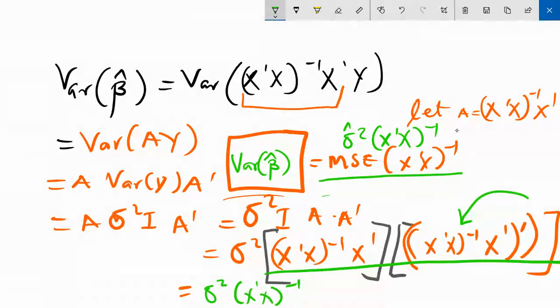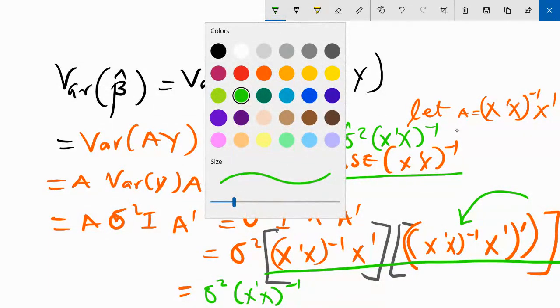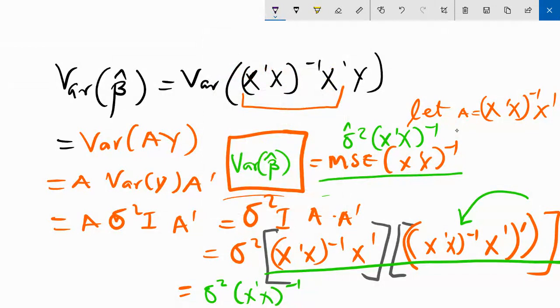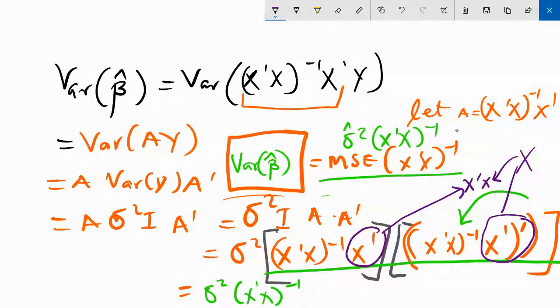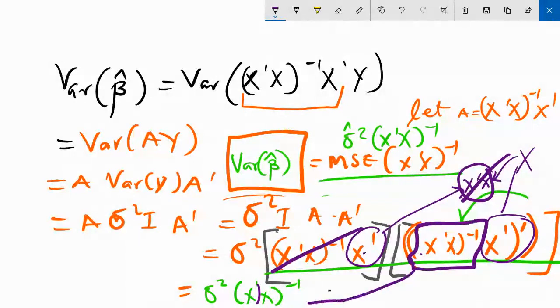This part will change to X. And remember, we have this one here. When you mix the two, you'll have X prime X. You take this X prime, and this part will cancel with this one. The remaining part will be this part. That is why it is here.